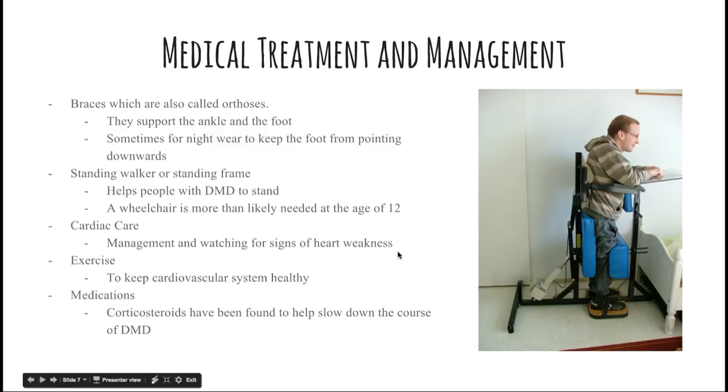Along with there not being much muscle staying together, that also means that your heart is a muscle. So heart weakness occurs as well. So cardiac care is very important. Exercise also to keep the cardiovascular system healthy. And medications, corticosteroids have been found to help slow down the course of DMD.